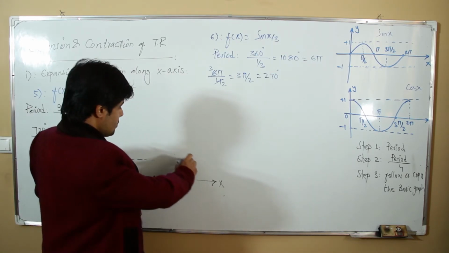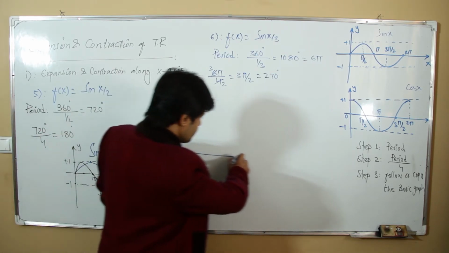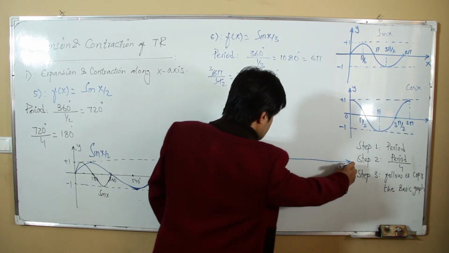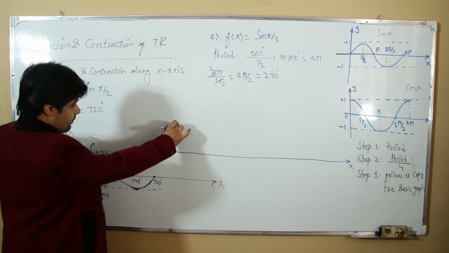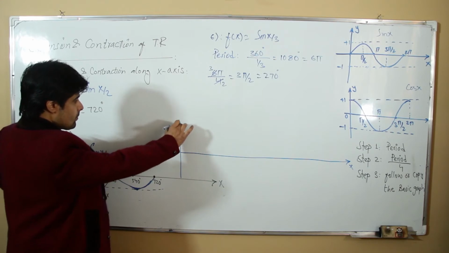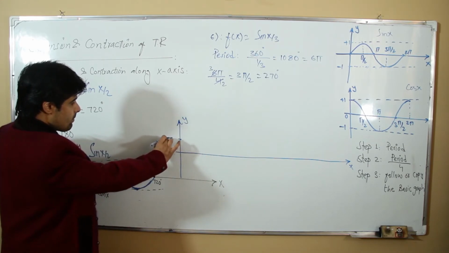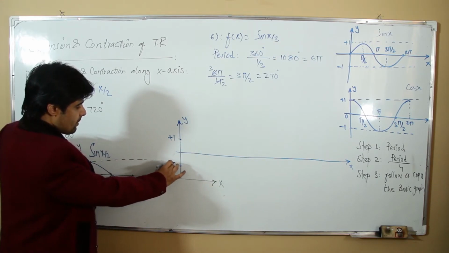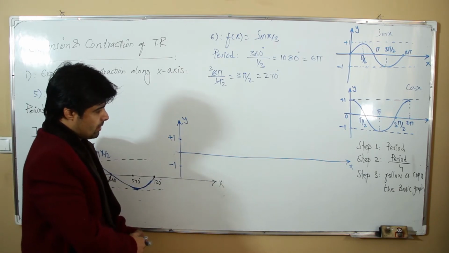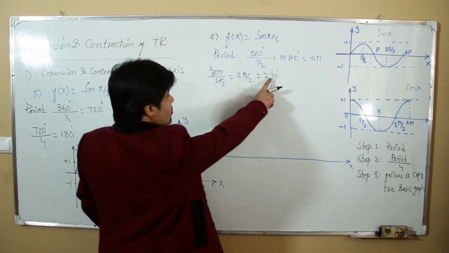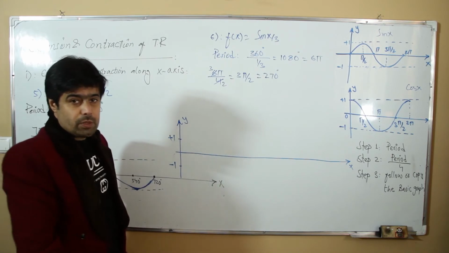Now, this is your x-axis, this is your y-axis. Maximum point is positive 1, minimum is negative 1. And we have 270. Every point should be 270.